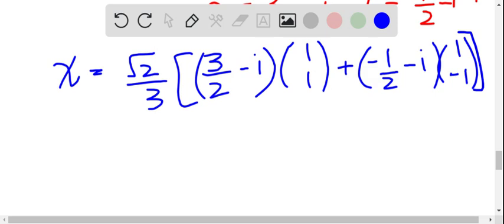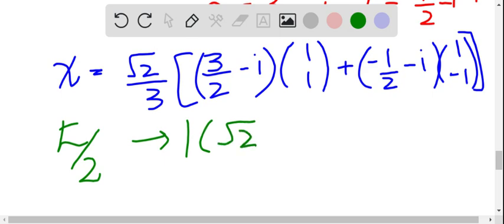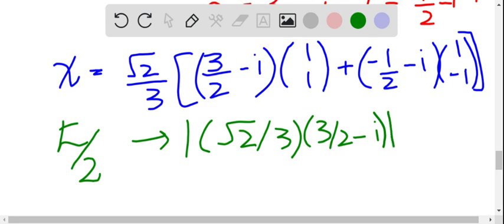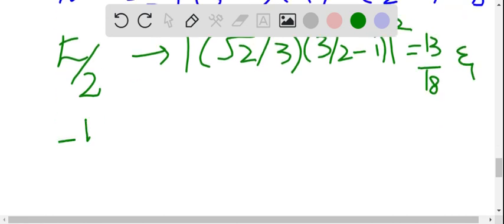So from here, according to this equation, the possible value ħ/2 occurs with probability root 2 divided by 3 times (3/2 minus i) squared, that would be equal to 13 by 18, and the probability of negative ħ/2 would be 5 by 18, right?